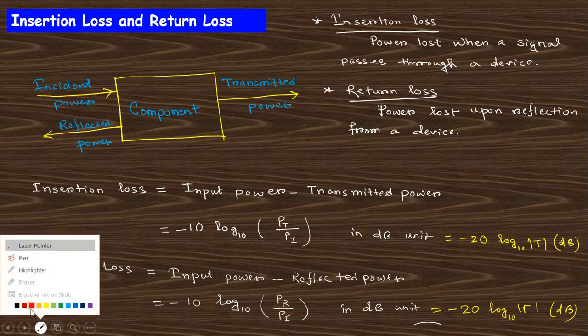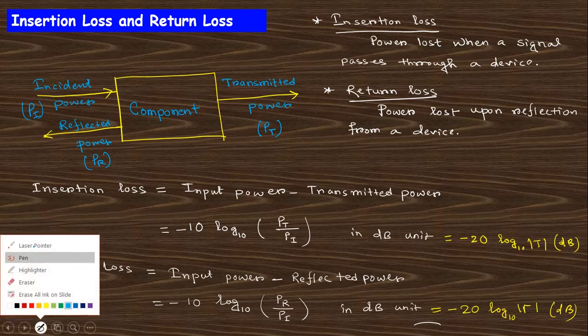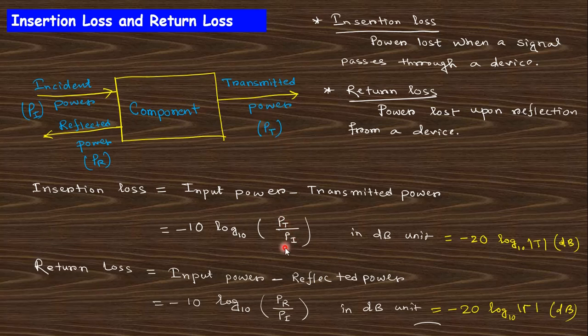Pi is the incident power, Pt is the transmitted power, and Pr is the reflected power. So this is the transmitted power by incident power, and this is the reflected power by incident power. This gives you return loss, and this gives you insertion loss.